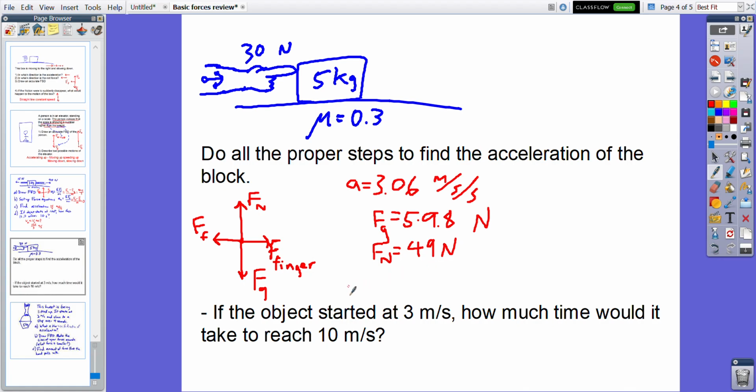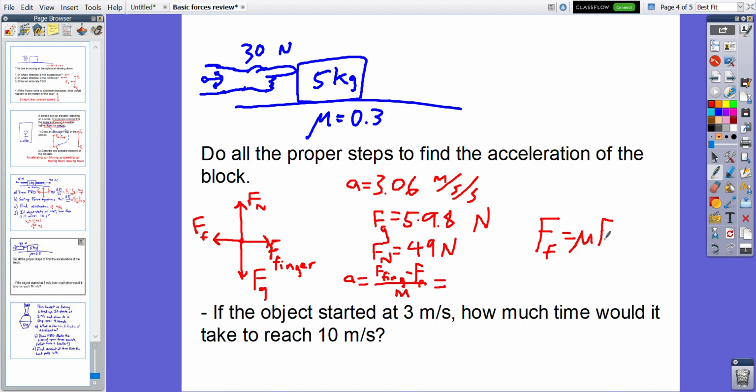And then you can set up your force equation for the horizontal direction. So you're going to do finger minus friction, over mass. Oh, this writing is pretty horrible. Now, if you don't remember how to calculate friction, you have to recall that the formula for friction is mu times the normal force.